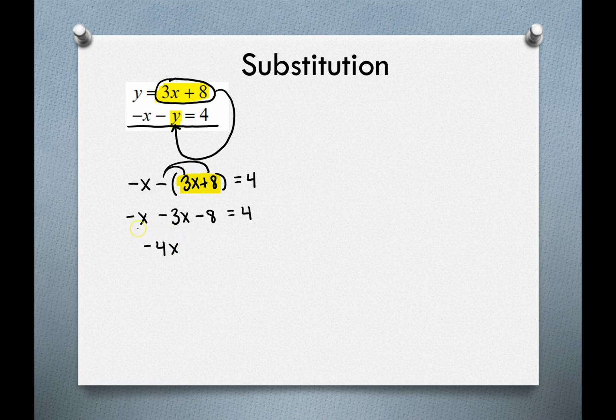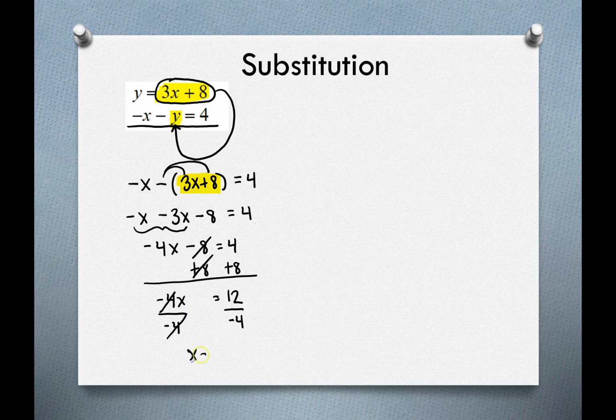And then I'm going to drop down the minus 8 equals 4. I'm going to add 8 to both sides. That disappears. I can drop down my negative 4x equals 12. Divide by negative 4. And I get x equals negative 3.